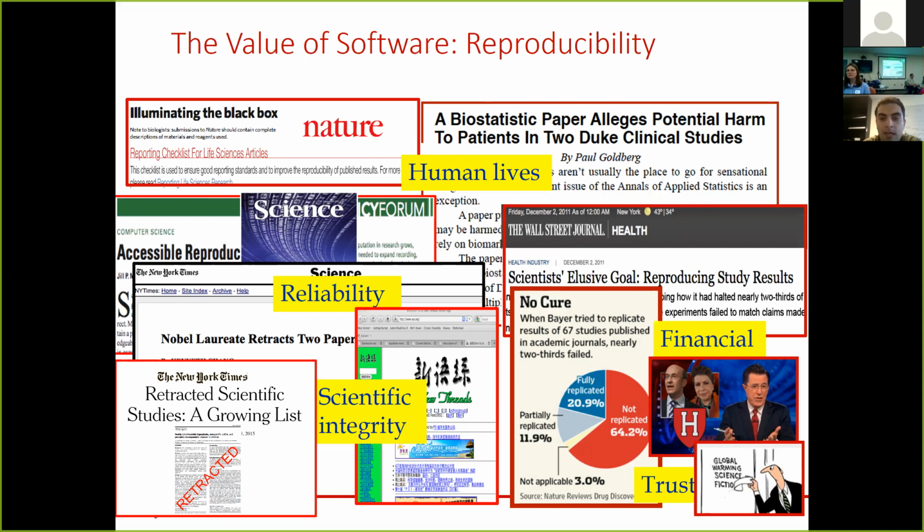This has also had some impact in some financial journals. I don't know if you remember this news from some time ago where a couple of Harvard professors were questioned by a student because he needed the data in order to try to reproduce a study that they had done, and it turned out that they had forgotten to add some of the rows of the data to the final result, and that affected the final results they were reporting in their paper.